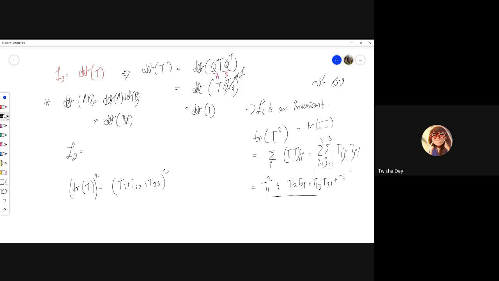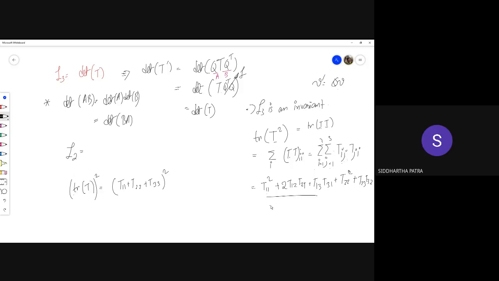Yes sir. t21 into t12 plus t22 square plus... No, hold on a second. When you said t21 times t12, is it not this quantity? Okay sir. Then t22 squared, and then there would be t23 into t32.